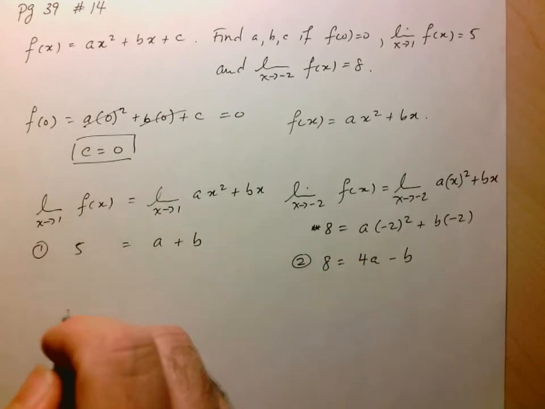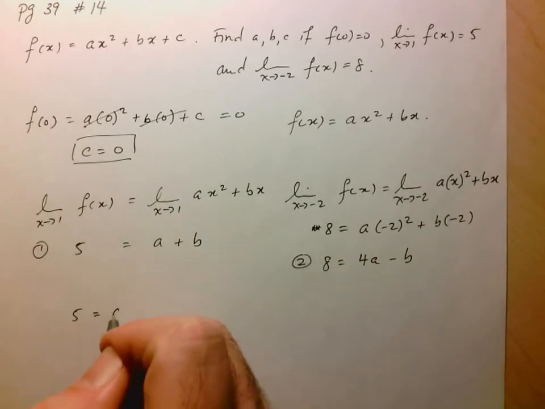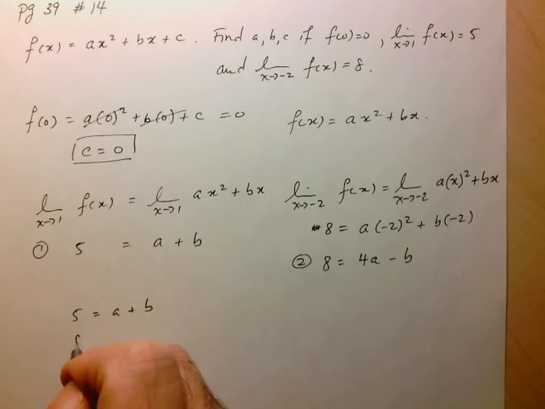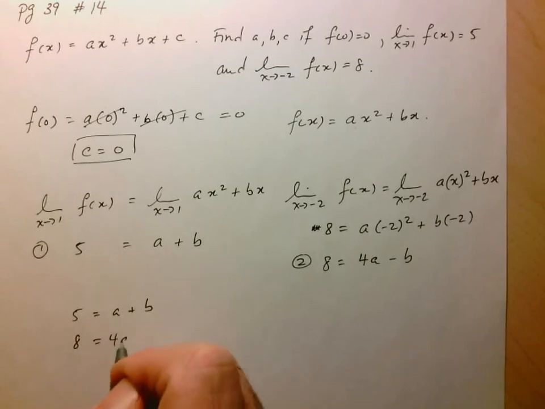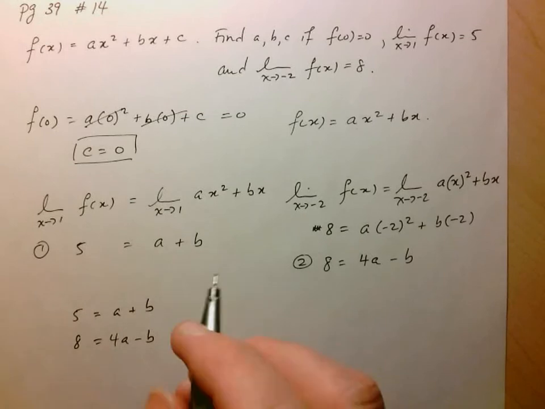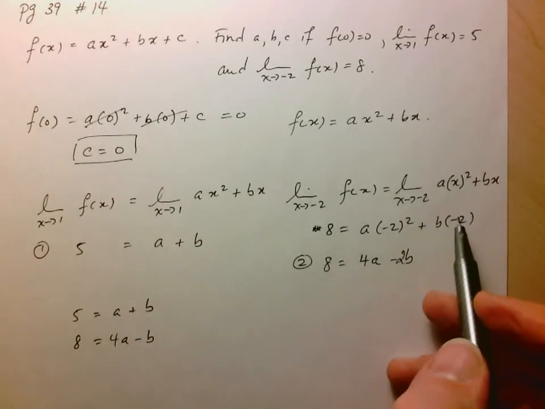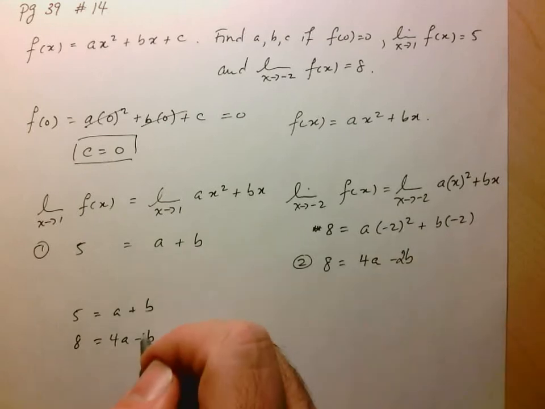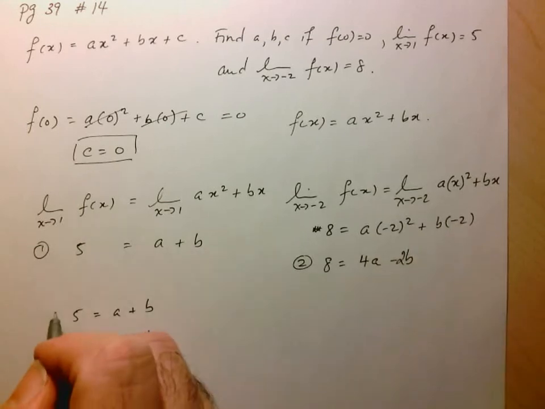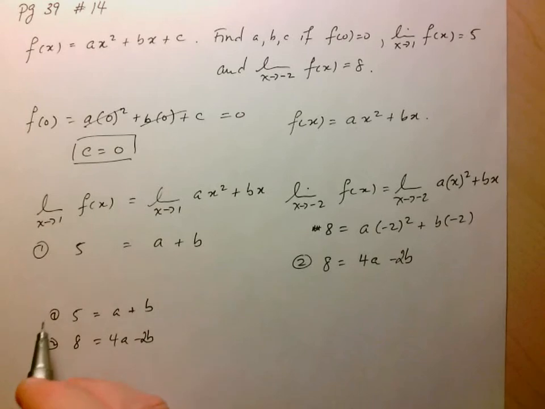So here's equation 1, here's equation 2. Let's bring them together. So we have 5 equals a plus b, and 8 is equal to 4a minus, sorry, I forgot it's negative 2 times b, so minus 2b. Let me multiply equation 1 by 2.